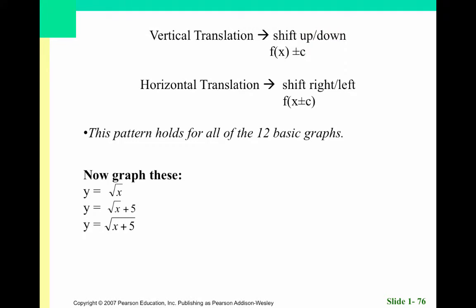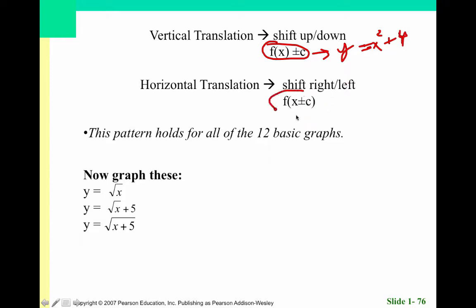General idea then: if we are adding and subtracting to the entire function, we are going to go up or down. So this would be like y equals x squared plus 4. That's going to be up 4.